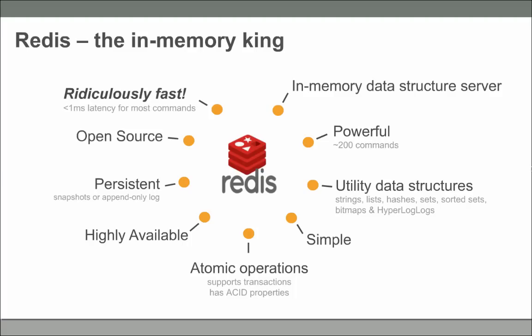The reason is it's been able to maintain the same blazing fast speeds of sub-millisecond latencies while supporting advanced data structures such as lists, hashes, sets, sorted sets and HyperLogLogs, as well as providing around 200 commands that can provide some powerful capabilities. We'll explore some of those throughout this webinar. In addition, what made Redis popular is that it supports high availability and persistence, and we'll show you how ElastiCache helps you manage those.